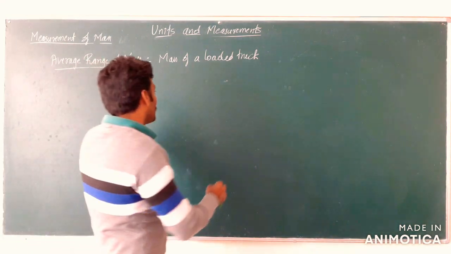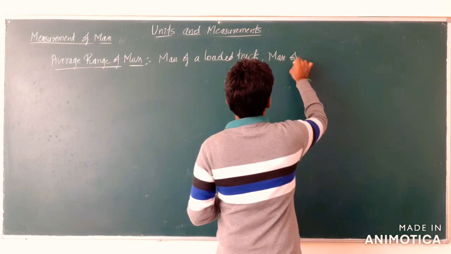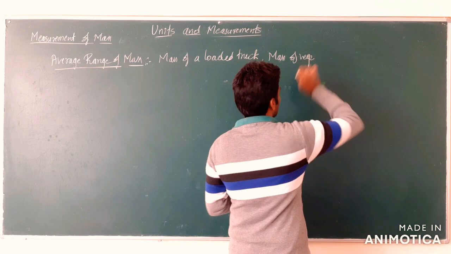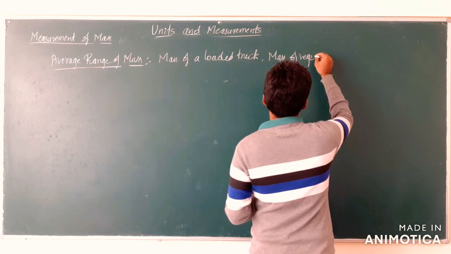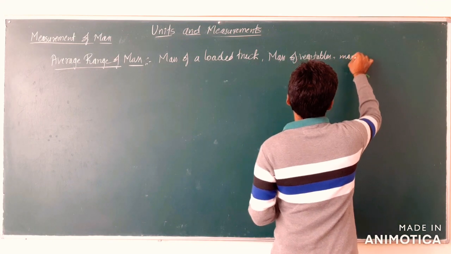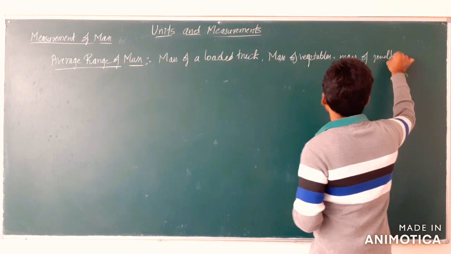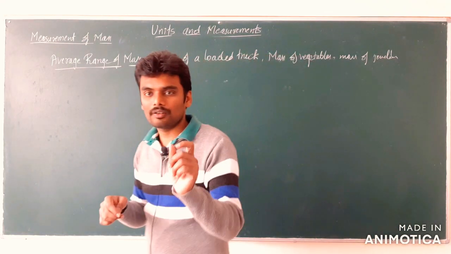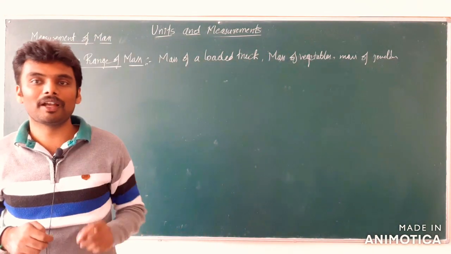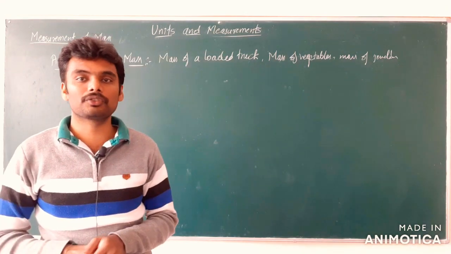Mass of a loaded truck, mass of vegetables, which are generally in kilograms, mass of jewels. Because we make use of small quantities, we always take small mass of jewels, right? Like 1 gram, sometimes a few milligrams also.